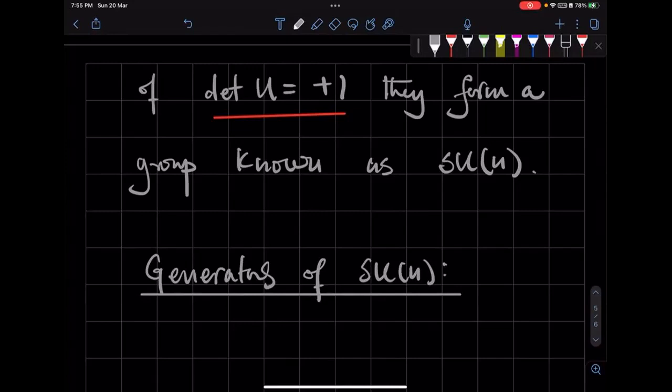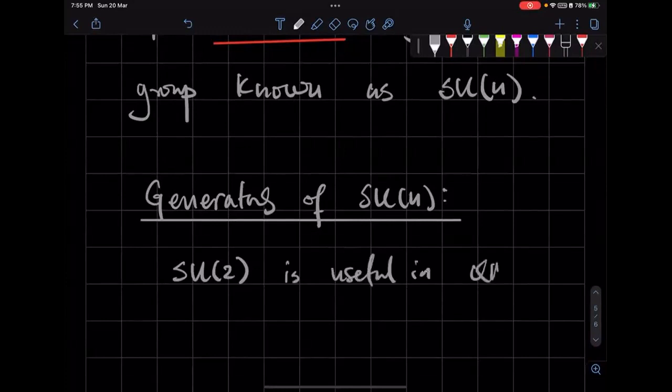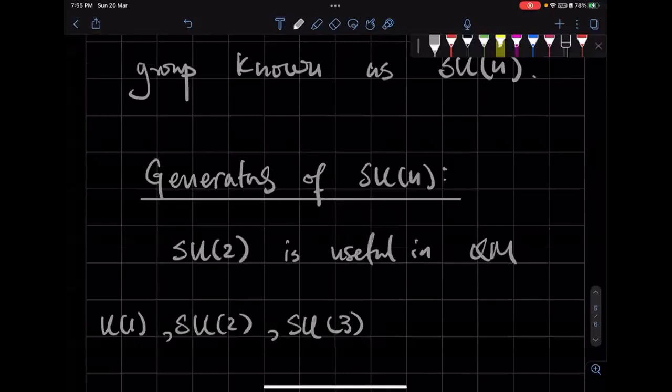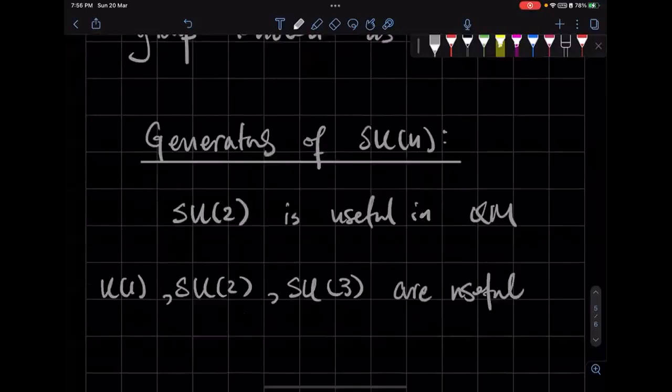SU2 is very useful in quantum mechanics, but both SU2 and SU3, and we consider U1 to be part of this series, are useful in particle physics.